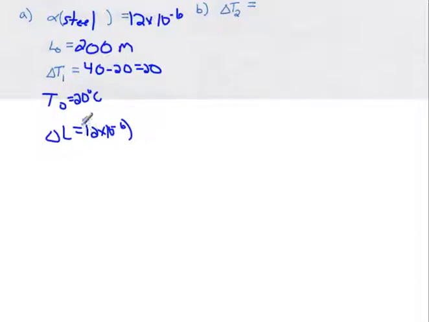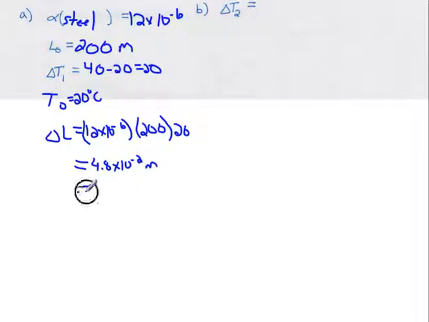I mean, engineers definitely have to take this into account, or a bridge could easily collapse. Initial length was 200. I'm just plugging in. And change in temperature we said is 20. Put that in our calculator. Let's see, how much does that bridge expand? I get 4.8 times 10 to the negative second, it's a length, so that's meters.